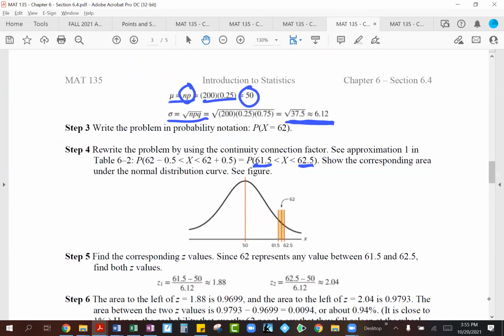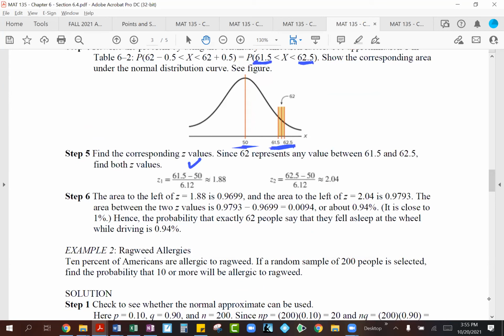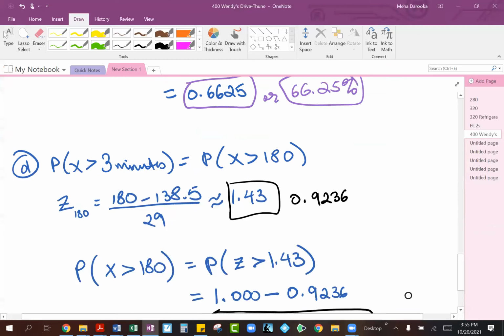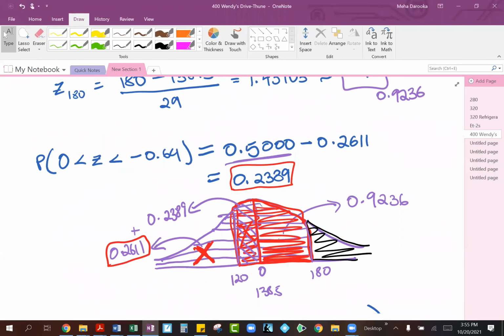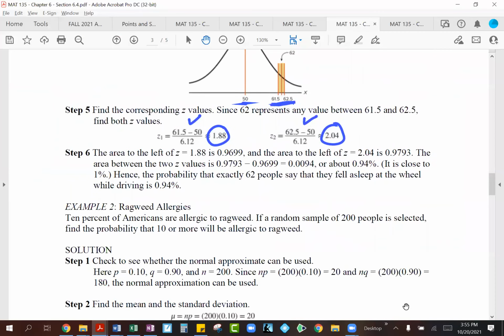Now remember, your mean was at 50, so 61.5 and 62.5 will fall towards the right. You will take each one of these numbers and convert them to the z-score, pretty much the same process we did with part C over here, because now we know what our upper and lower limit is going to be. Then you look at the standard table and find out what the areas are going to be.